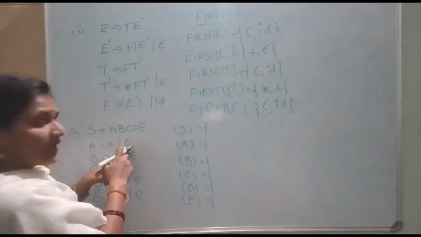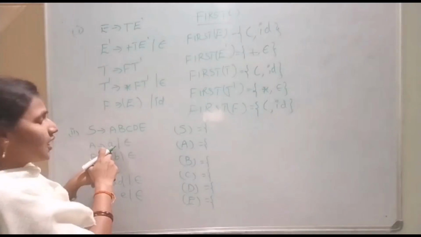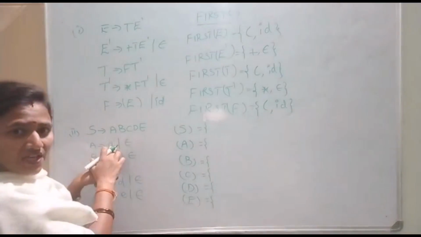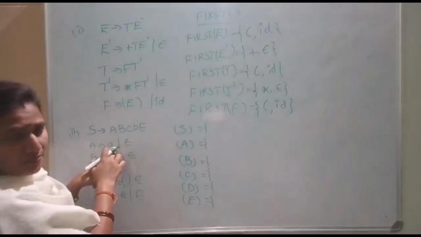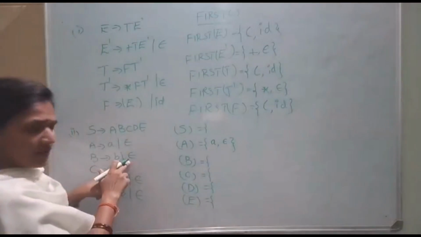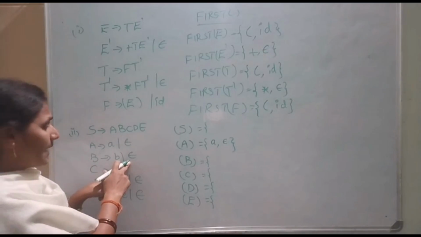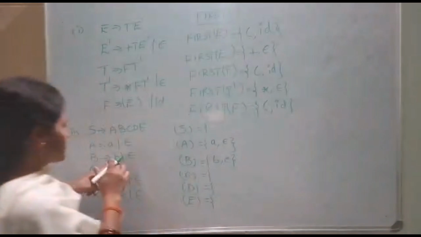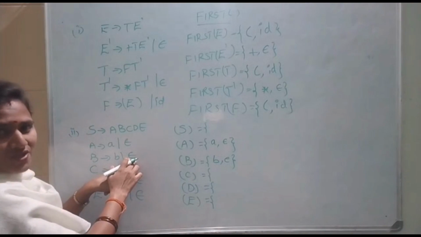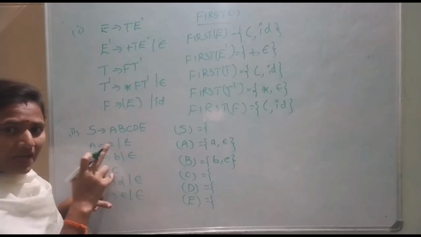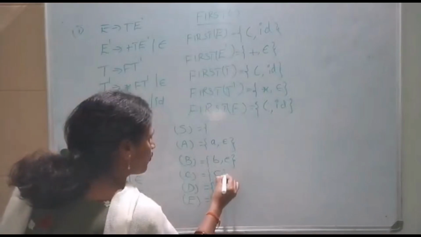Here the A production contains epsilon, so you compute the first function for A. Whether A starts with a terminal? Yes, it starts with the terminal small a, and epsilon. Go for B. B also contains an epsilon production, so I find first of B. Small b is a terminal, epsilon is another terminal. What about C here? C contains only a terminal at the start of the RHS, so small c is the one.